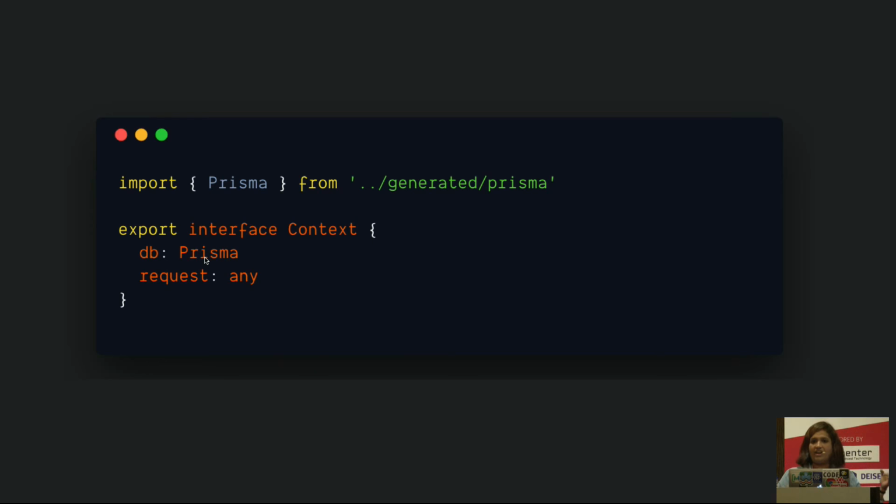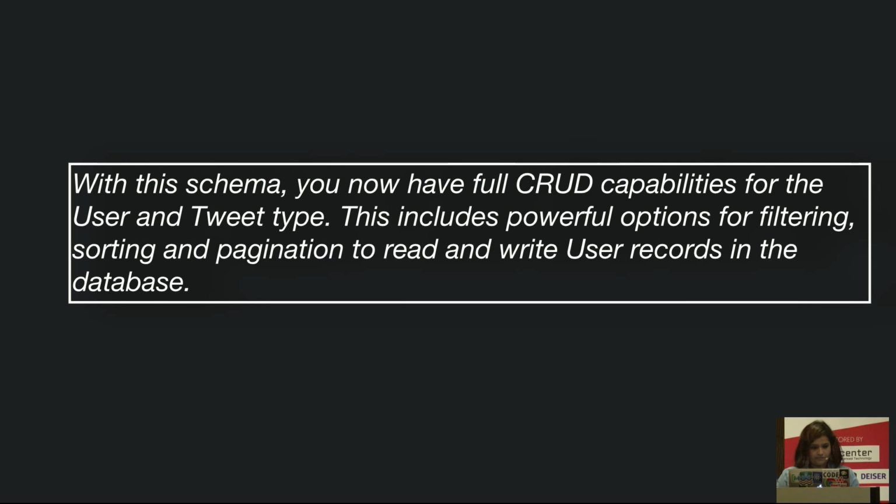You still have to go and write Prisma because it still wants the context to the Prisma database. So with Prisma being in between as a glue between your database and GraphQL server, you have the capability of doing all the CRUD operations that you want to do.